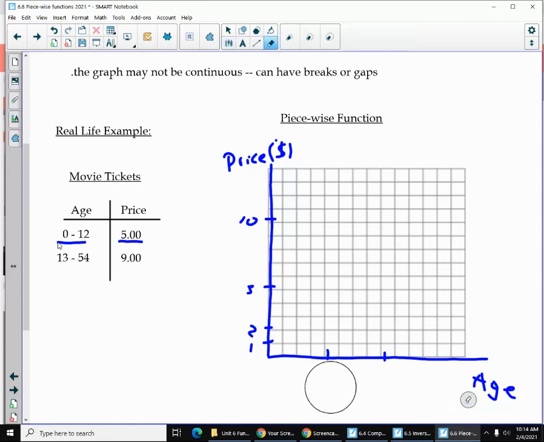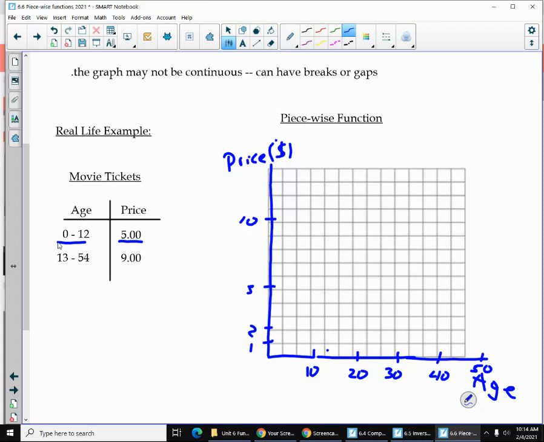Actually, that's not a good choice. Let's fix this. Let's go by 10, 3 boxes. So it'll be 10, 20, 30, 40, and 54, and 50 will be somewhere here.